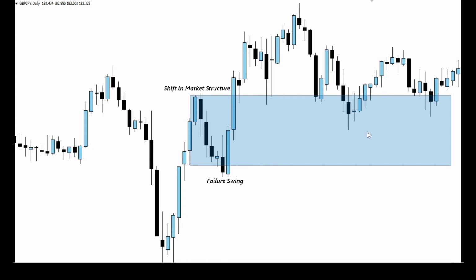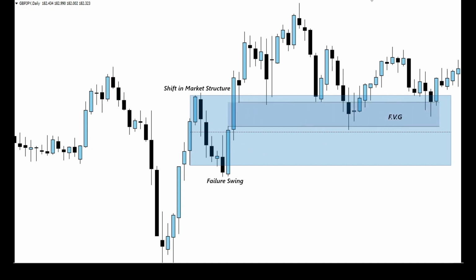And with order block theory, it is always better if price fails to go beyond the midpoint or the mean threshold of the mitigation block. And in this example, we also have an additional PD array paired with the mitigation block, which is the fair value gap.